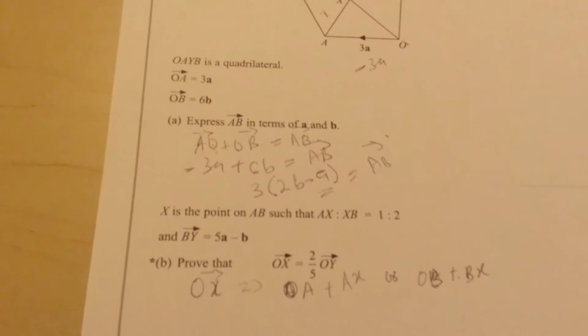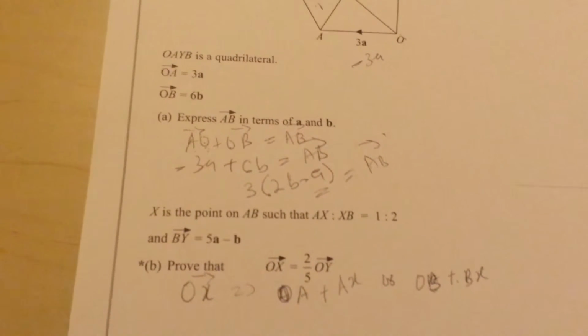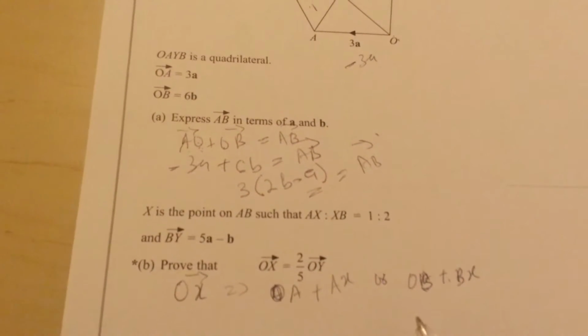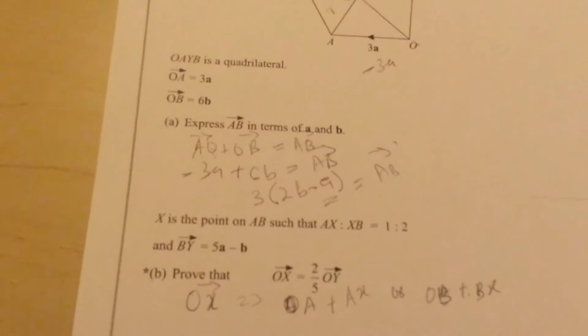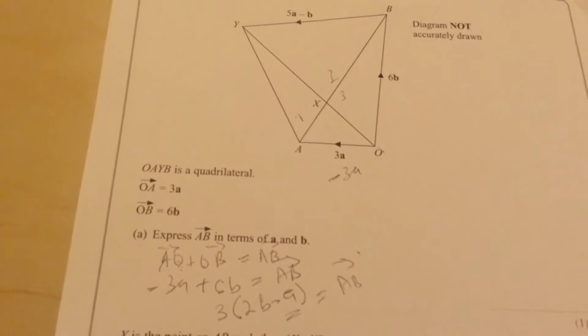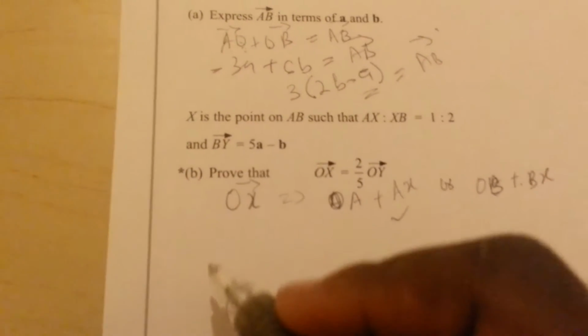Since we have OB, we have OA, but it's far easier to use OA. Yeah, because we're given OA, and then here we're told what AX is too. So let's just use this, okay?